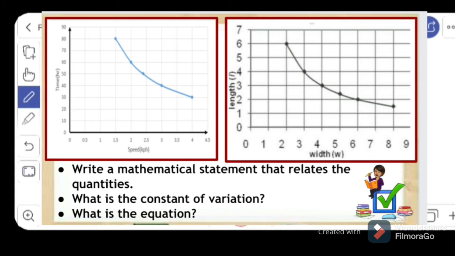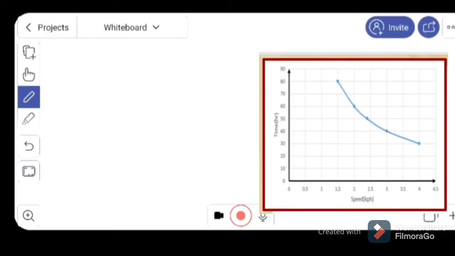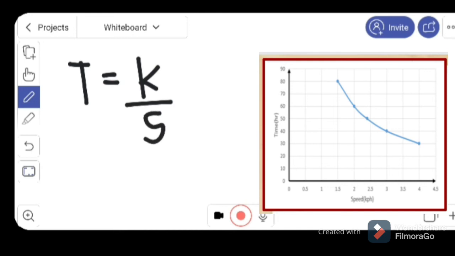Okay, so let's make the observation. The values of x, the horizontal numbers, are increasing. Observe the values for the y-axis, or the time. It is also increasing. Now, let us write the mathematical statement. So, time is on the y-axis. So, t is equal to k over the x values, which is speed. So, this is now our mathematical statement.